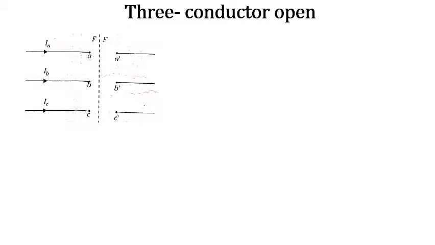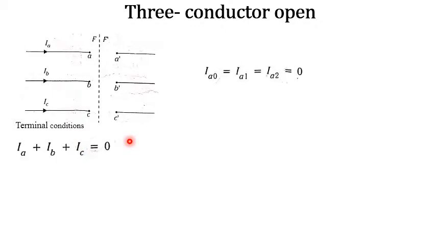Coming to the last condition, that is the three conductors open. We know the terminal conditions, as seen from the above condition, can be written as Ia plus Ib plus Ic is equal to 0. So this implies that, because everything is 0, Ia0 is equal to Ia1, that is equal to Ia2, is equal to 0.